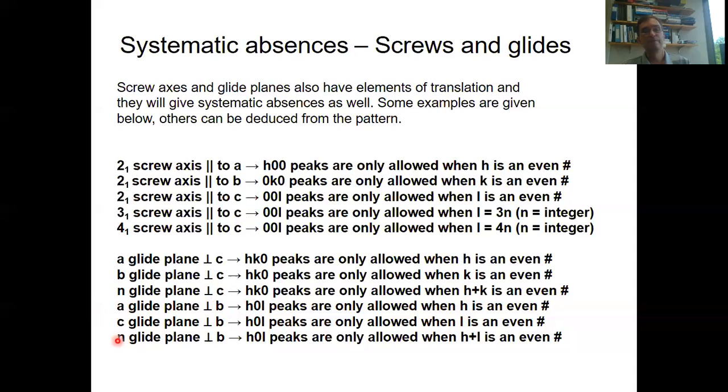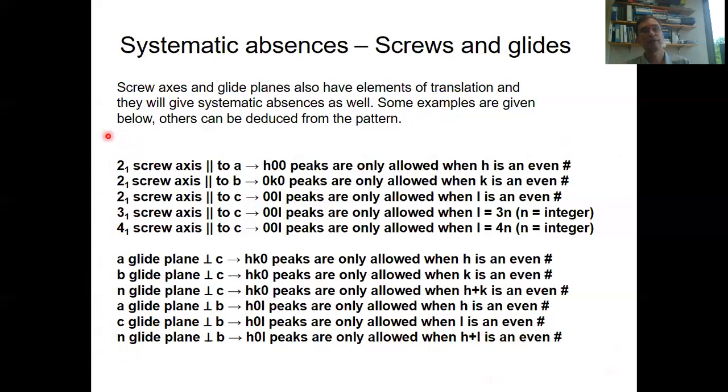And for an N glide plane perpendicular to B, H0L peaks are only allowed when H plus L is an even number. These are of course only examples. We can have more screw axes and more examples of glide planes.